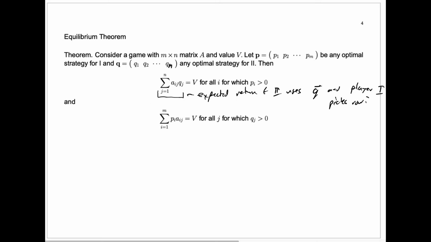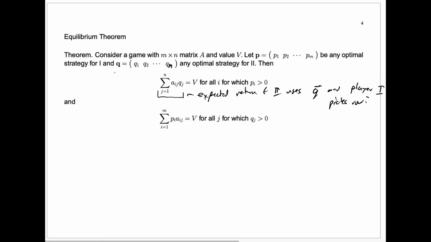It says that expected return when player 1 picks row I and player 2 uses the optimal strategy Q will be exactly, not just less than or equal to the value V, but exactly the value V, not for every possible row I, but at least for those row I's where P sub I is greater than 0. And that's a very important thing to understand.